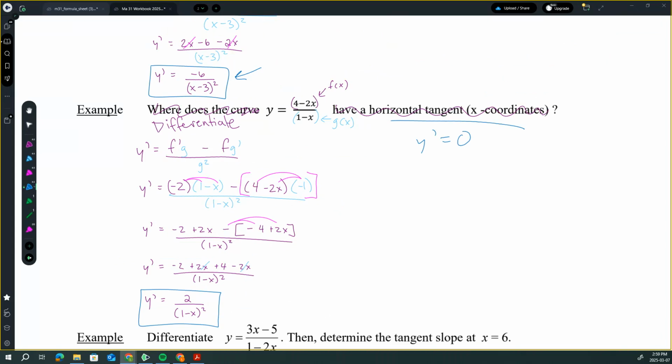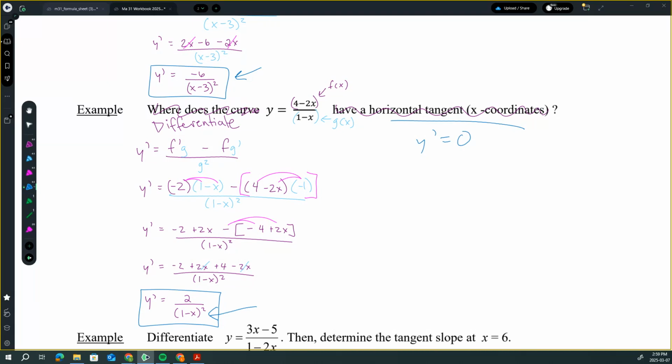So for quotient rule, typically you're going to leave your denominator like this, just in case there is any canceling out of factors that you can do, and you're expected to just know that you're allowed to leave the denominator just squared.